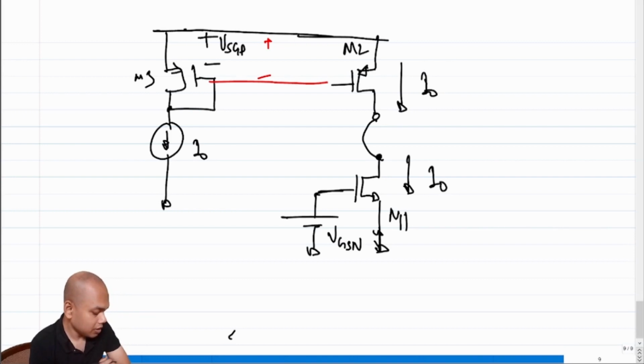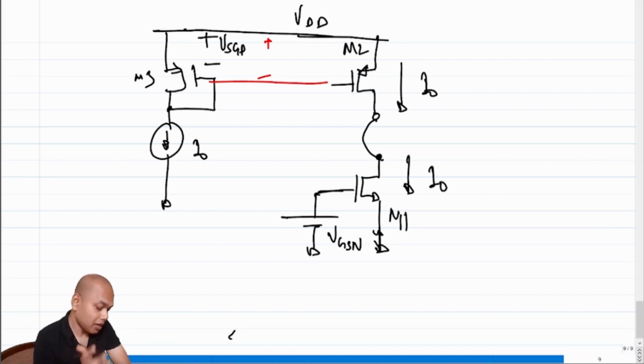So essentially, what will happen if we bias our transistors like this? We'll see that as long as M2 and M1 are in saturation, and that is a critical if, the current through M2 and the current through M1 will be equal to I naught.